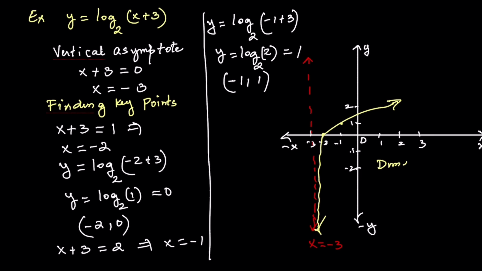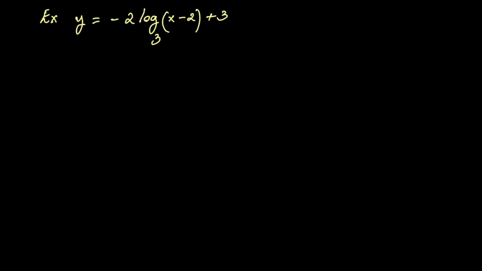Domain, negative 3 to infinity, not including negative 3. The graph only exists to the right of the asymptote. Range, negative infinity to infinity. End behavior. As x approaches negative 3 from the right, the function approaches negative infinity.